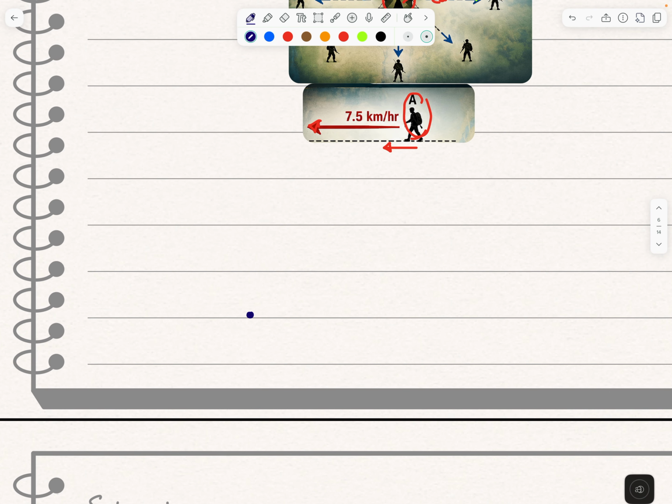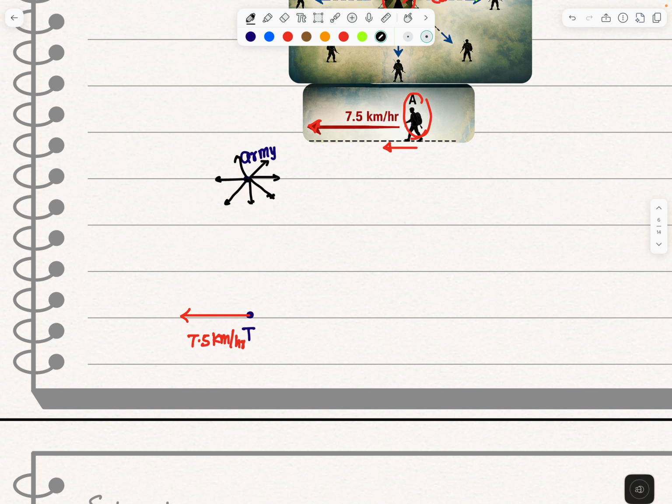So here is a terrorist, here is the army camp. This terrorist is moving in this direction with 7.5 km per hour. And this army is scattered, means spread, in all possible directions.